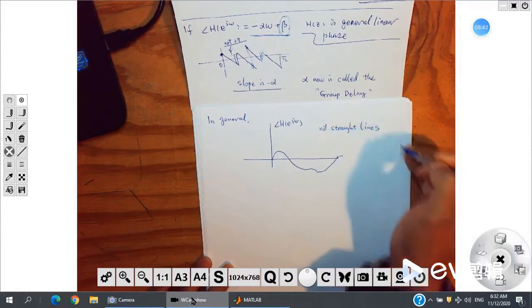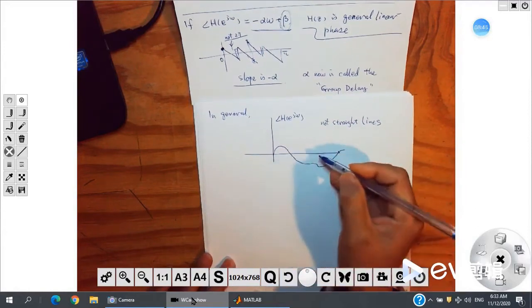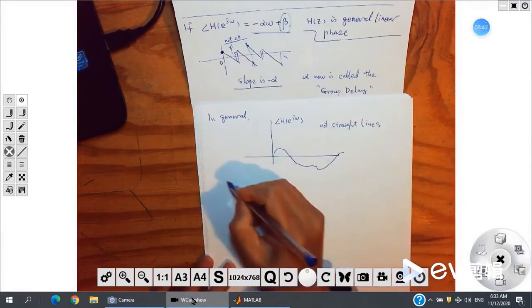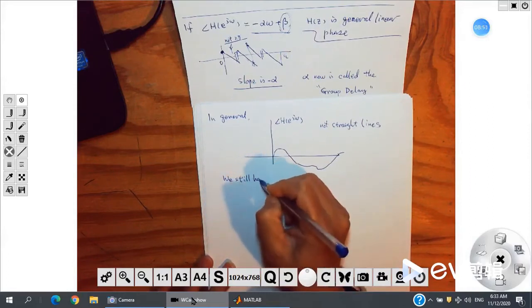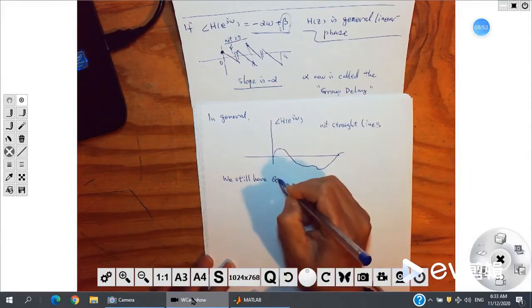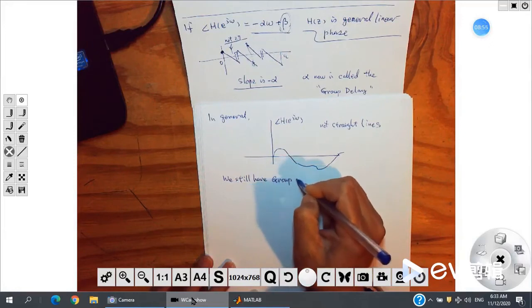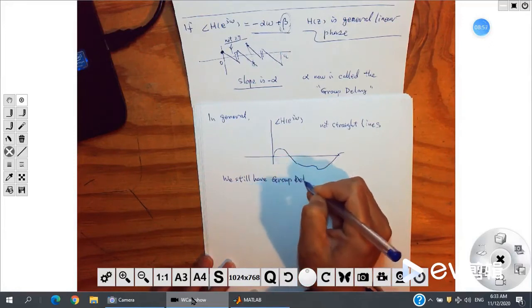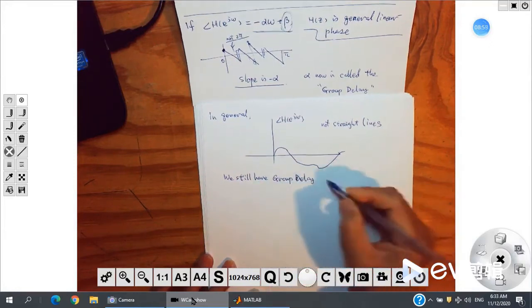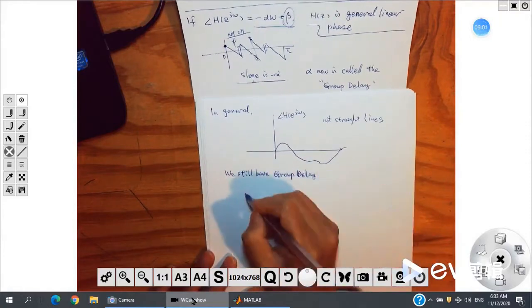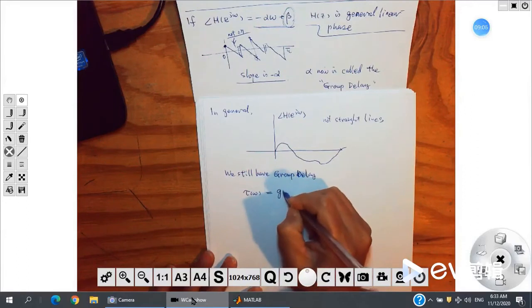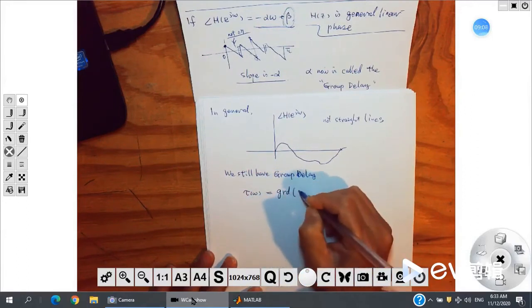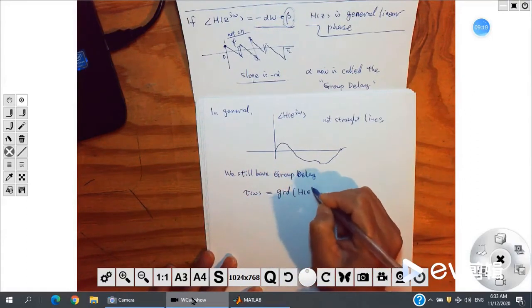Then we still can have group delay. We denote it as tau of omega, or group delay of H(e^{j omega}).